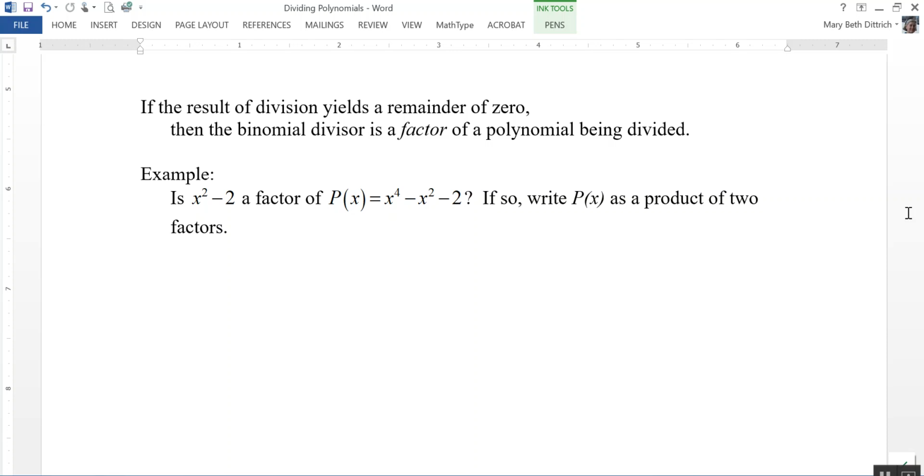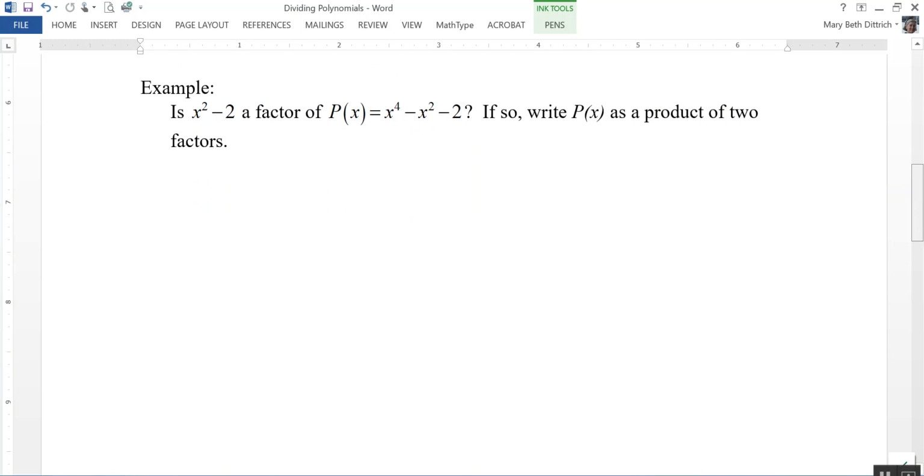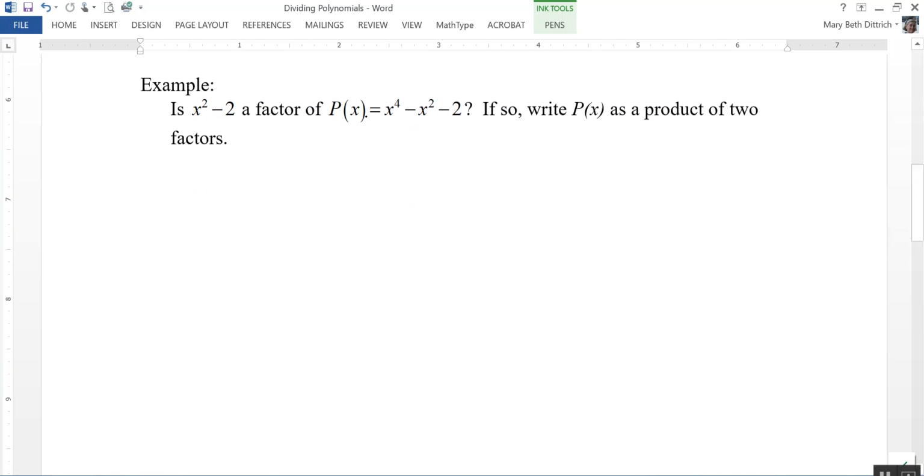Is x squared minus 2 a factor of the polynomial p of x equals x to the fourth minus x squared minus 2? If so, we need to write p of x as a product of two factors. So in other words, does x squared minus 2 go evenly into x to the fourth minus x squared minus 2? So let's go ahead and do some long division here.